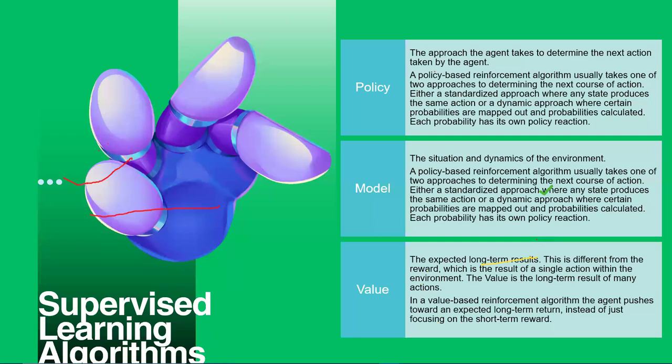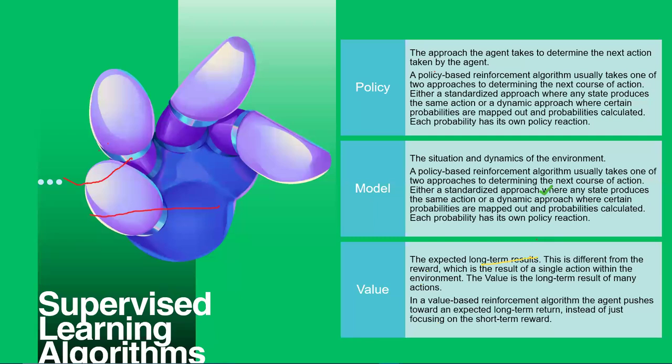And the value is the expected long-term result, right? You should note that this value is different from the reward. The value is the long-term result. So what is the end value of this?